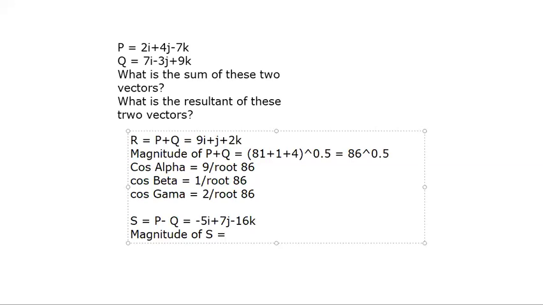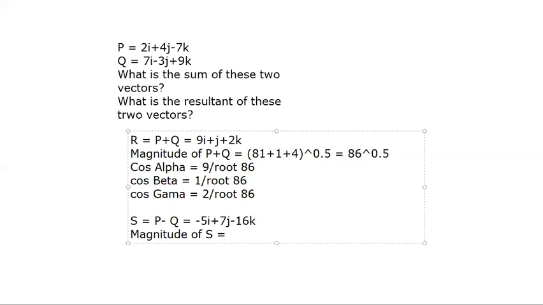Cos beta is 7 by root 330. Cos gamma is minus 16 by root 330. Understood? Root 330. Very good.